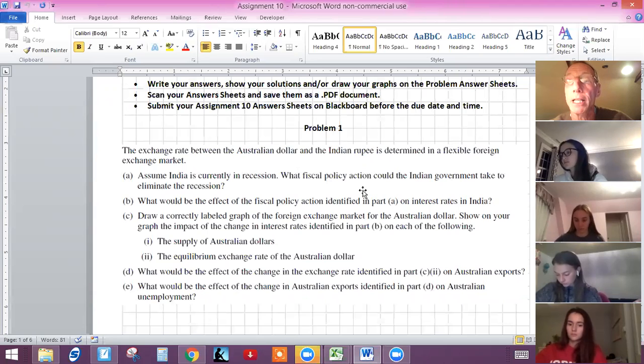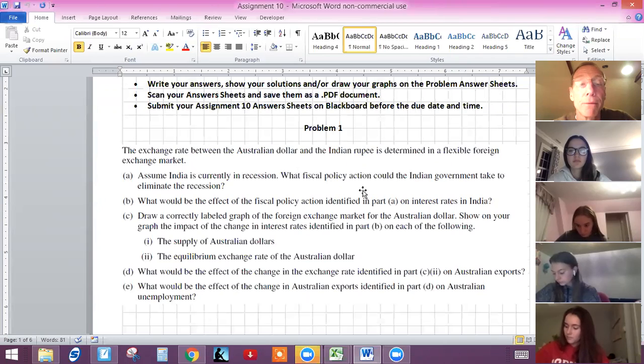So the government can either spend more to get more money in the economy, or the government can tax less, which would also put more money into the economy. So either one of those answers would be correct.